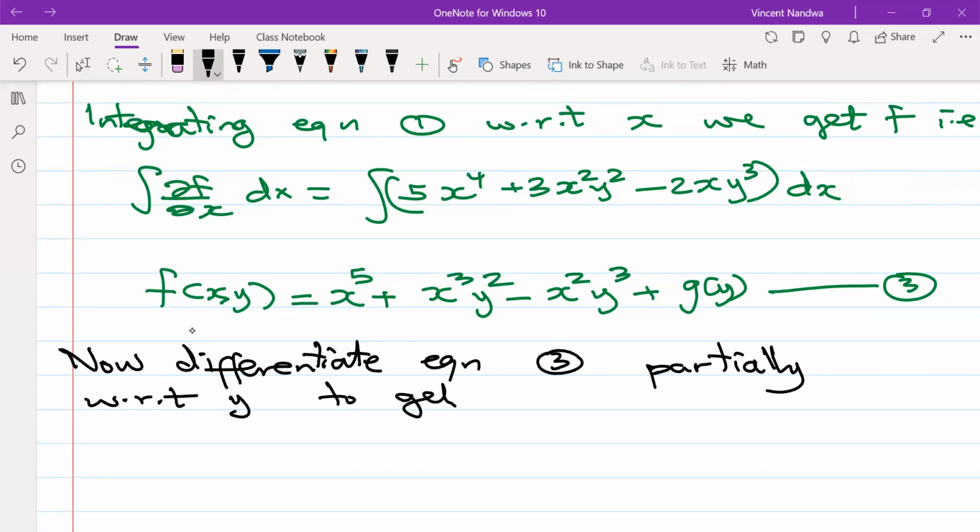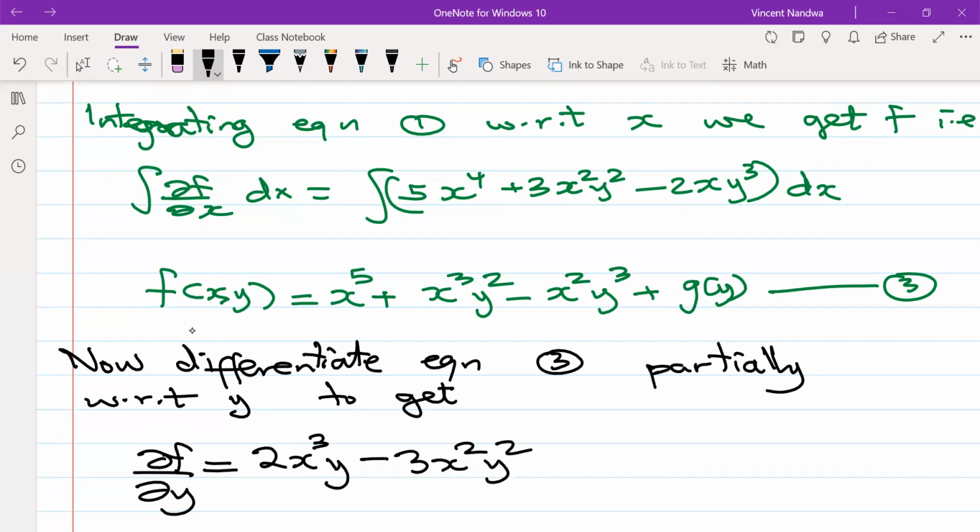If I differentiate this, I'll get partial f partial y equals: the first term will give me 0 because there's no y here, but this will give me 2x^3y, and then minus, this will give me 3x^2y^2, and then plus g prime of y, because this is a function of y. So I call this one 4.